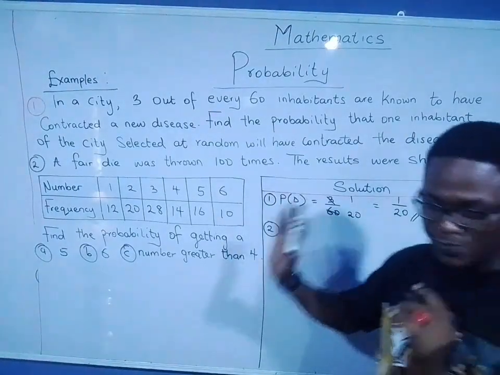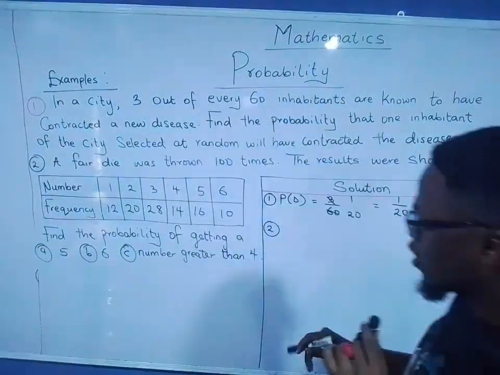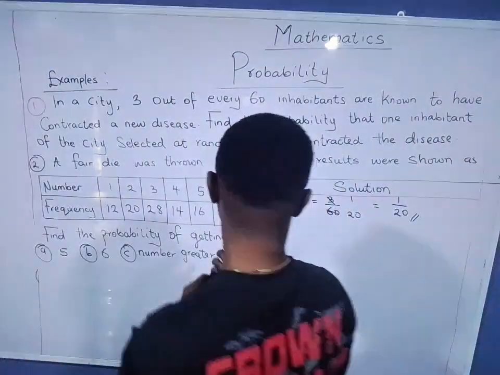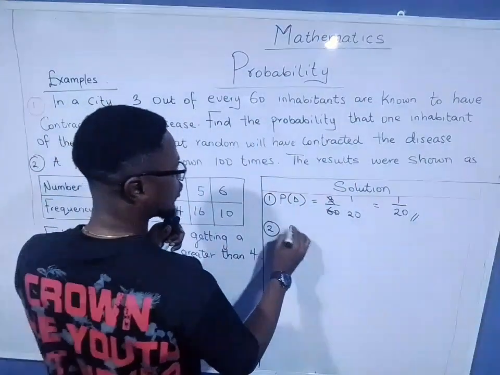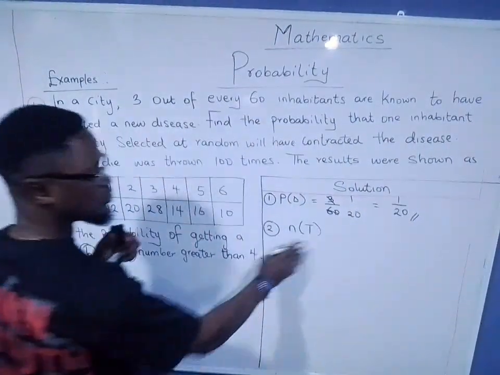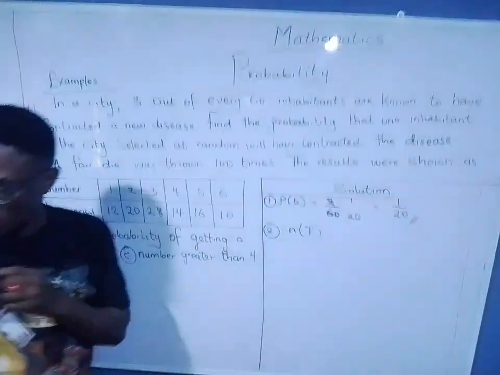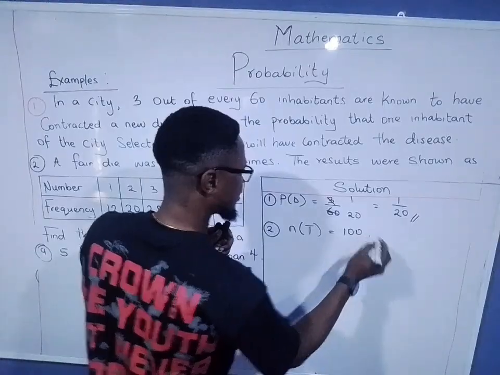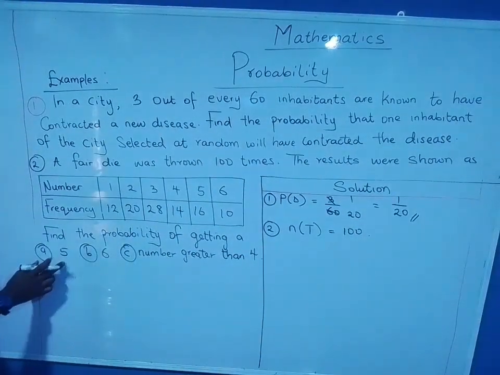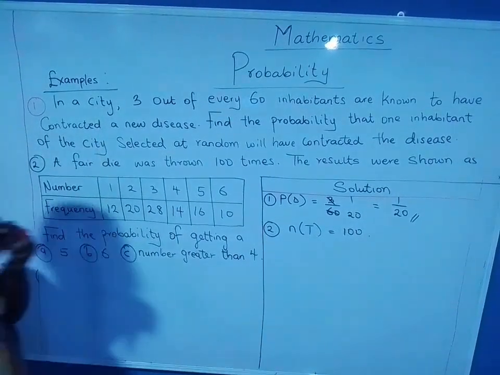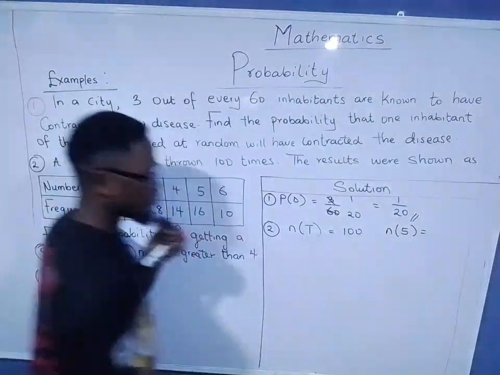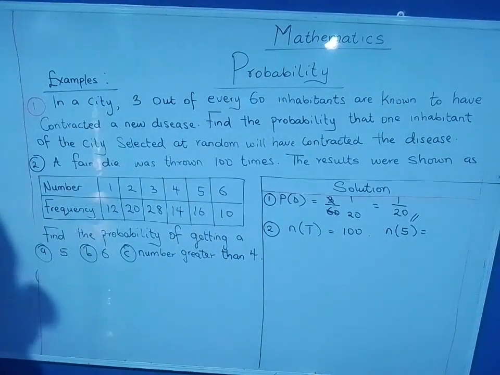So these are still basic probability. Okay? All right, so what's the probability of getting a 5? Just like I said, the total number, let's call it n total, is what? 100, right? So for this one, 5, we can record the number of times that 5 came out. 16 times.